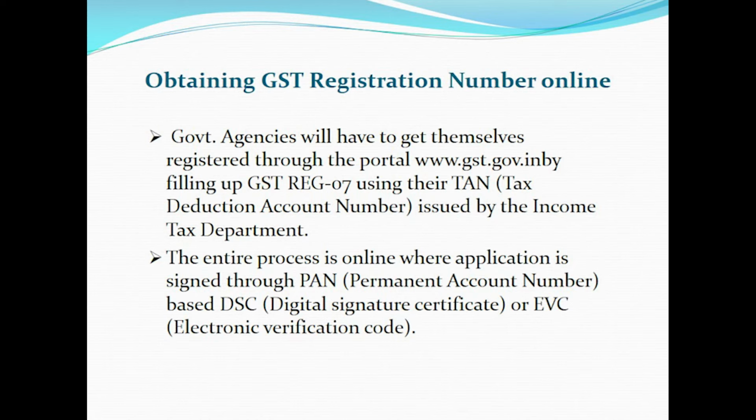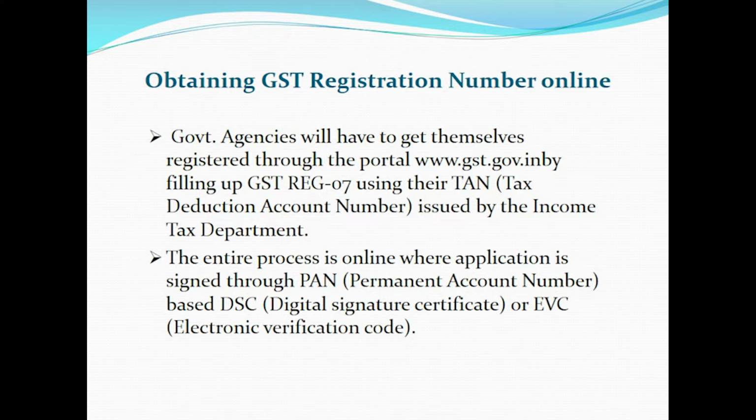Then the government agencies will have to get themselves registered through the portal available at www.gst.gov.in by filling up the GST Registration Form 7 using the TAN, that is, the Tax Deduction Account Number, which will be issued by the Income Tax Department.